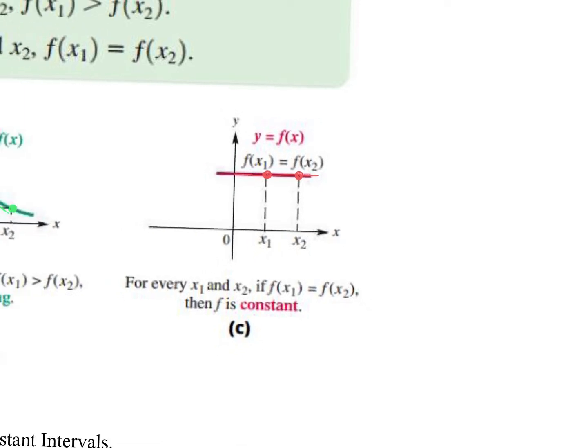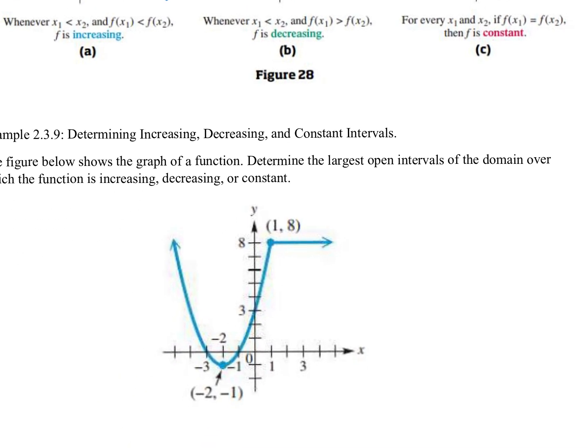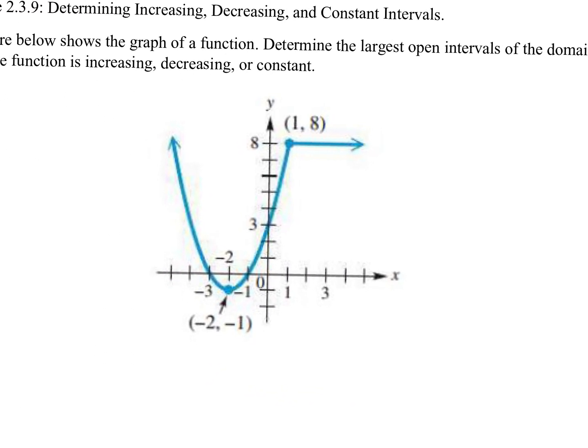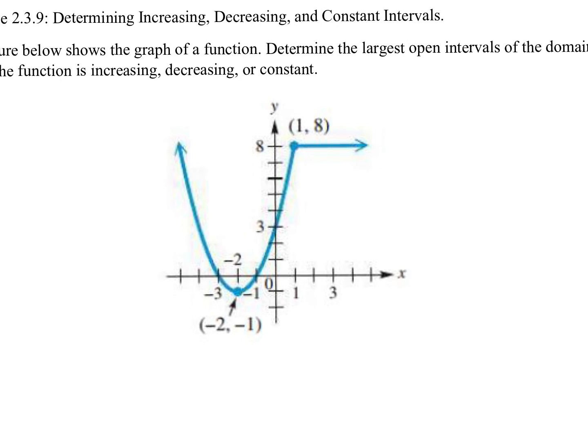So using what I just described, we're going to go down here to the bottom, and we're going to tell me where I am increasing, decreasing, and constant. So on this graph, all of these little lines that I'm drawing, they're going down. So this part of the graph is decreasing until I get right here to this dot, because then I'd have a horizontal line. So I am decreasing.